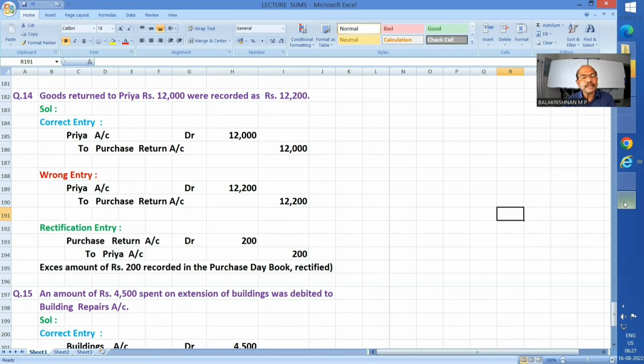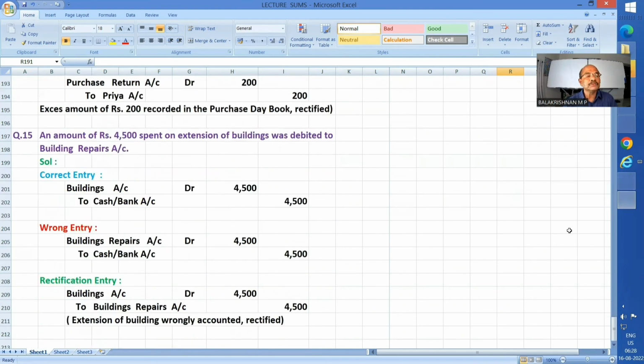If you incorporate that entry with the purchase return account 12,200 credit, that credit minus this debit comes back to 12,000 net credit. Similarly, party account credit rectification, if you incorporate it with the party account debit 12,200, the debit comes back to 12,000. So the rectification entry is purchase return account debtor 200 to party account 200. And the narration will be excess amount of rupees 200 recorded in the purchase day book rectified.